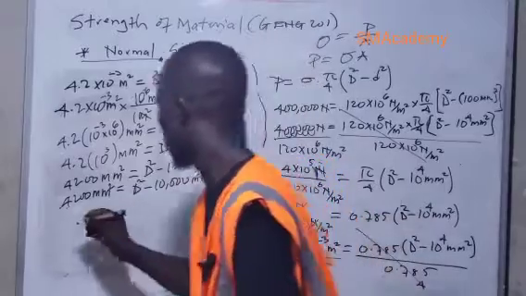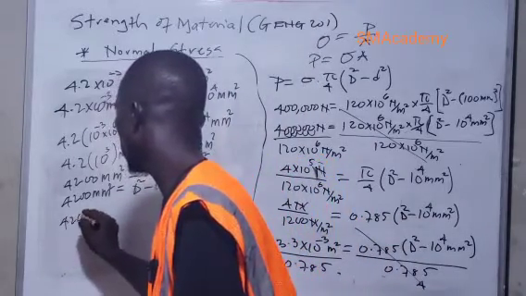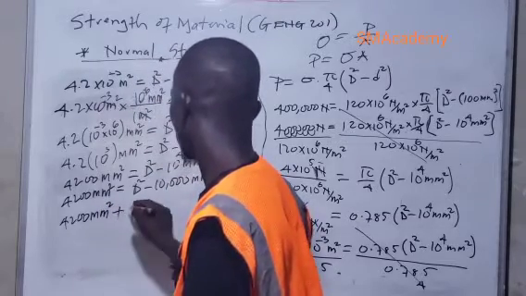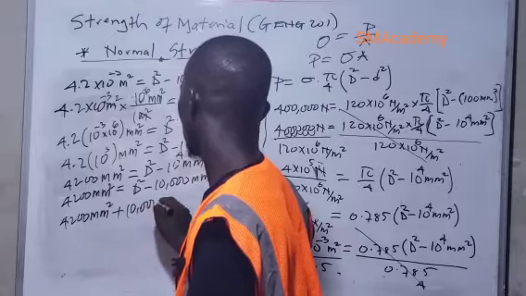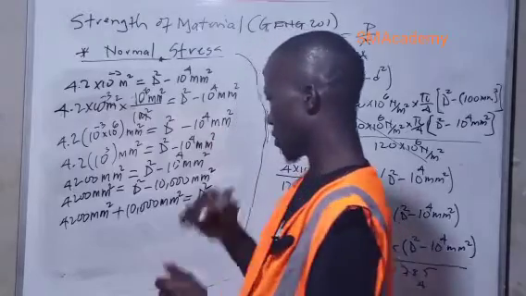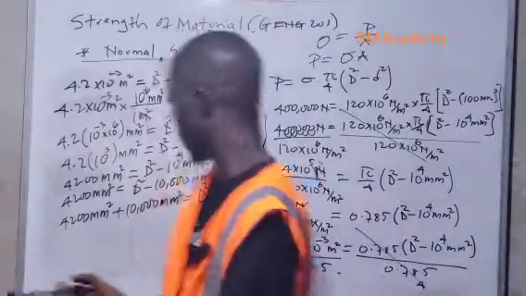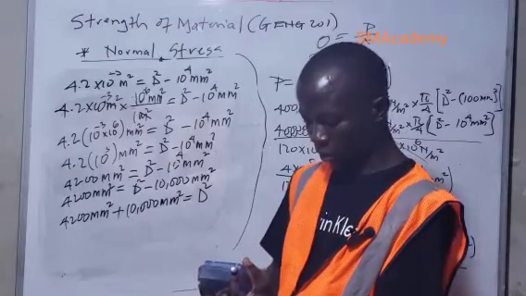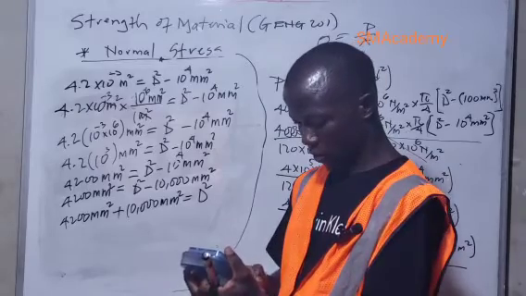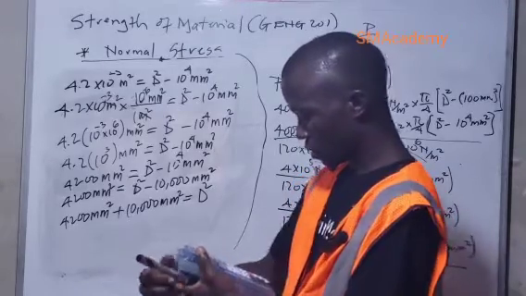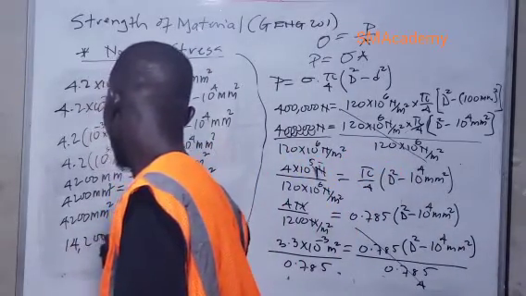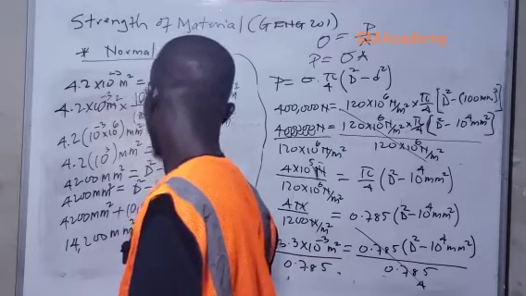So we send it across. We have 4,200 millimeter square plus 10,000 millimeter square is equal to diameter square. So we have 4,200 plus 10,000. That's equal to 14,200 millimeter square.